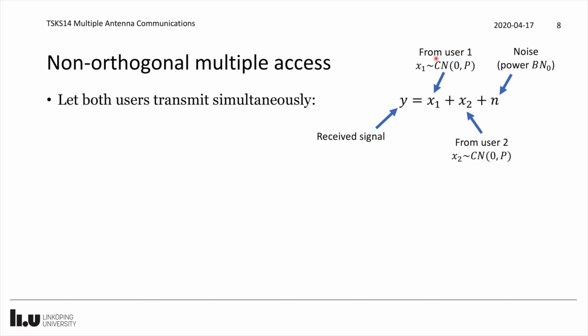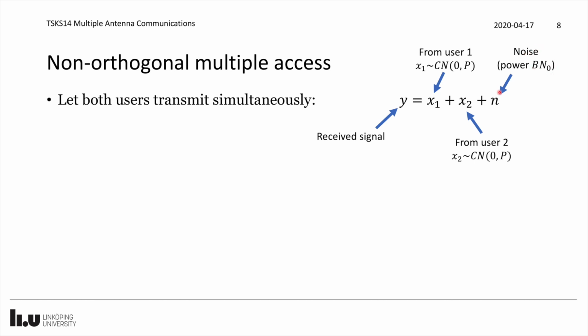We assume that the user is using a complex Gaussian signal with power P, so it's still the same maximum power. Then user 2 is sending the signal X2 at the same time, and it's also being Gaussian distributed and have a power of P. And N is noise, it has a power that is B times N naught.